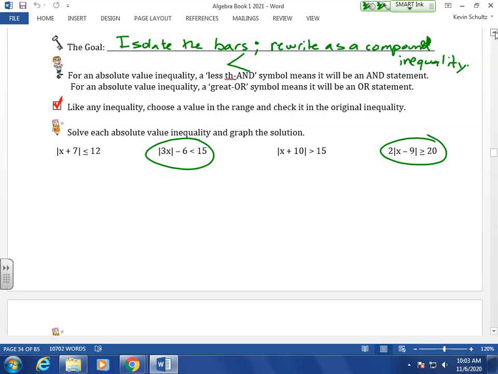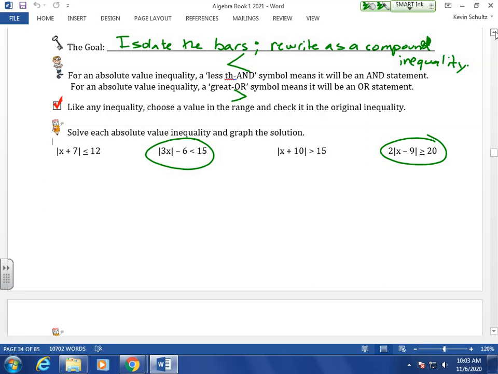On the other hand, a greater than symbol will always be an or statement. Just like the 4 examples we had up above, right? Notice the top 2 are and statements for both less than symbols. Our bottom 2 are or statements for both greater than symbols. You're welcome. Isn't that brilliant? No? Yeah. Thank you.